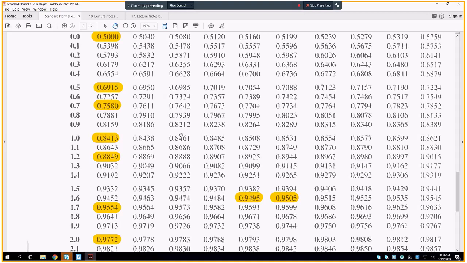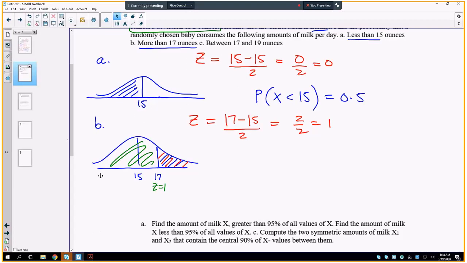So the probability that x is less than 17 is 0.8413. That's 84.13%, but I'm going to use the decimal because I'm talking about a probability.